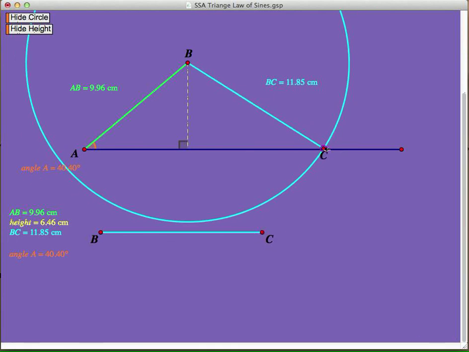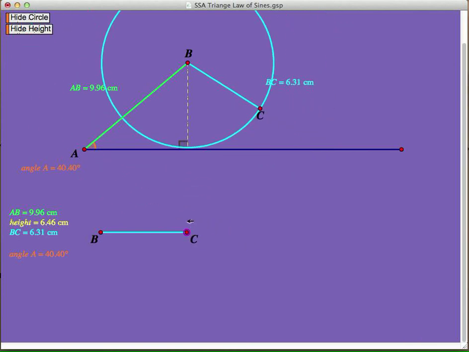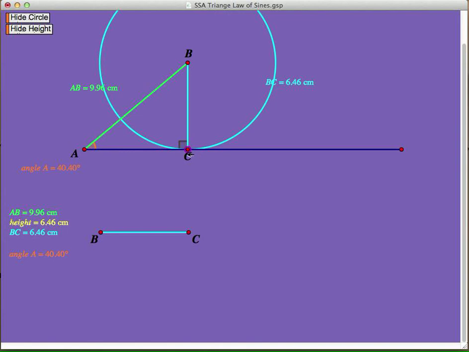So the other case where I have one triangle being formed is actually when my side length BC is going to be equal to my height. So if I try to make this equal to my height, the only time that I will have a triangle is when it is the height. So notice I have a right triangle being formed.